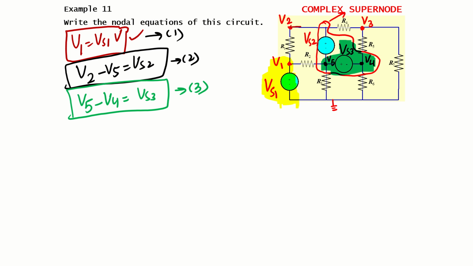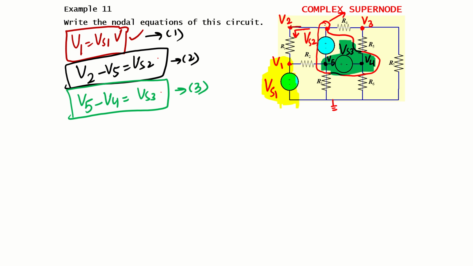Now, instead of writing 2 separate equations, one for V2 and V5 and another for V5 and V4, we can write one equation for this complex joint supernode. So let's write it down. Let's start from V2. What are the currents leaving?